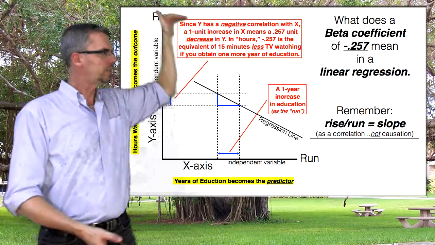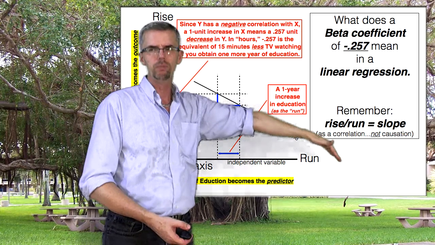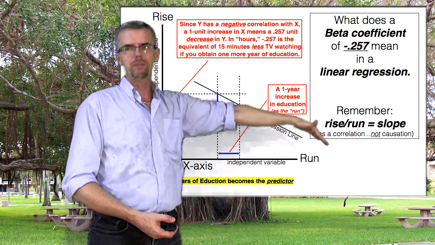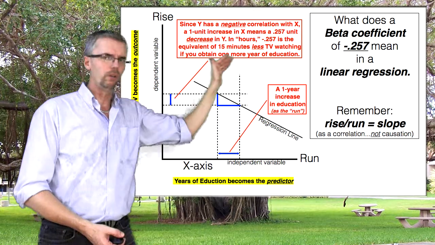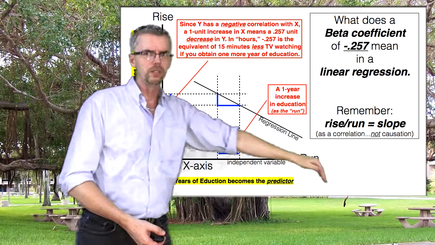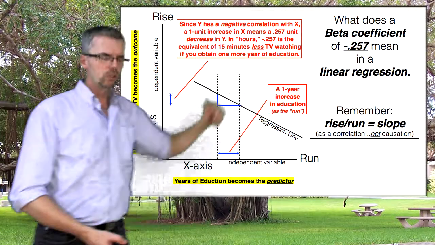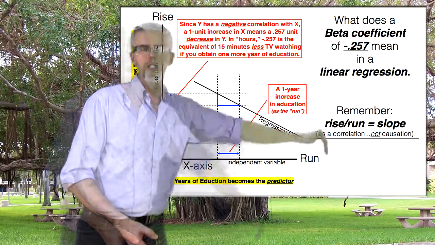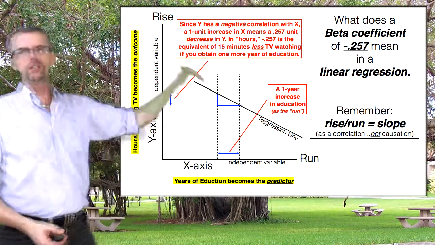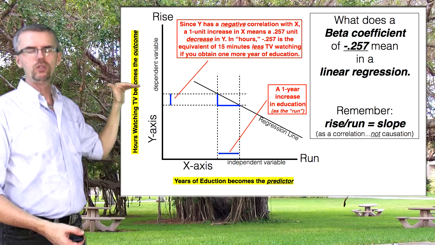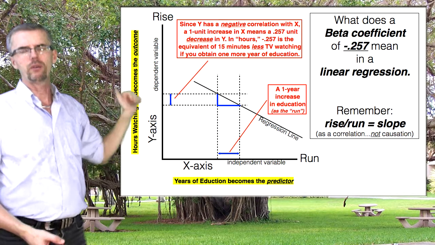It means that it is decreasing because it's a negative slope. Remember your years back in math, where the rise over the run equals the slope. So we've got the rise over the run giving us a negative number. So that's a negative slope. So 1 year increase in education is correlated to a 0.257 unit decrease in hours of television watched.